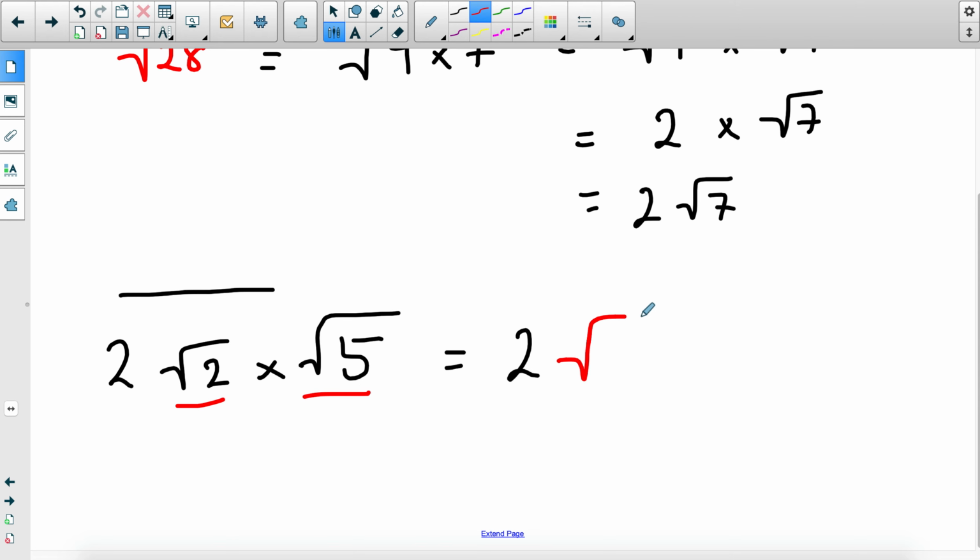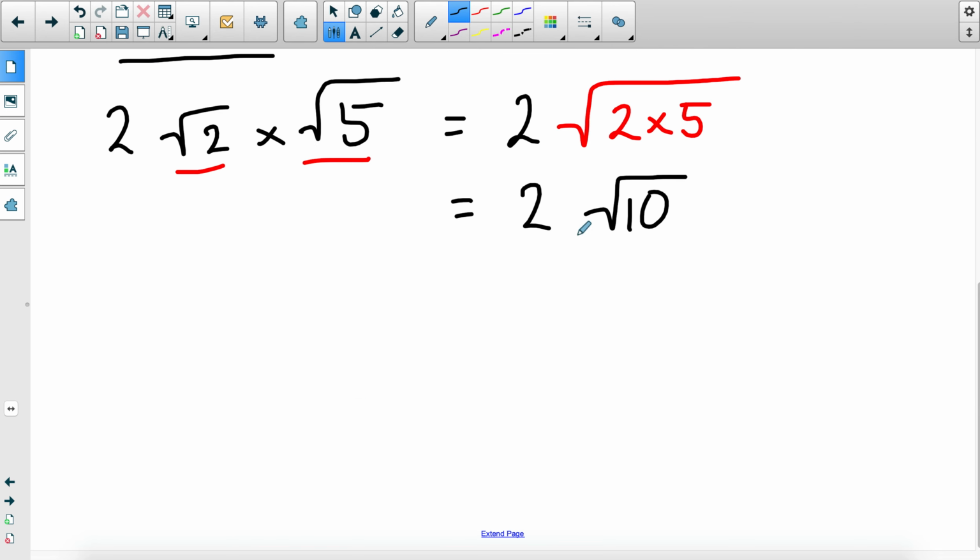So you're going to say, well, that's actually the square root of 2 times 5. You are allowed to do this because you have a multiplication. Remember, if you have an addition, you can't simplify this because they're not like terms. In this case, we can use the third property because it's a multiplication, so the 2 goes to the front, and then it's a 2 times 5 underneath the surd. So this is 2 square root of 10, and then I can't simplify it any further. So this is as simplified as possible.